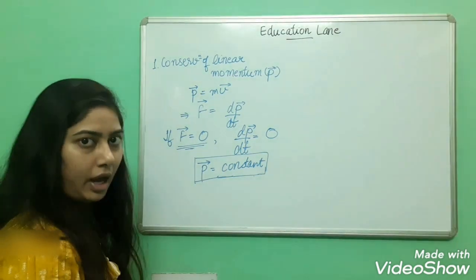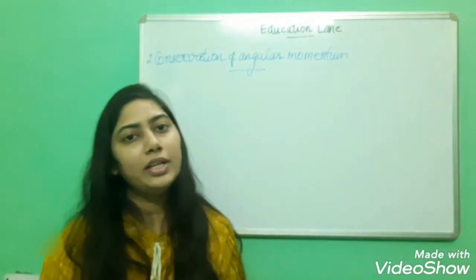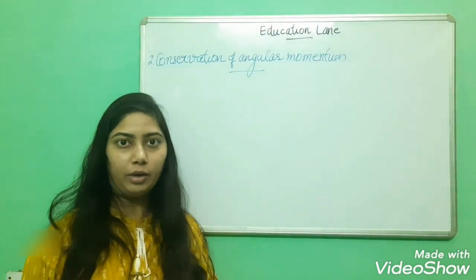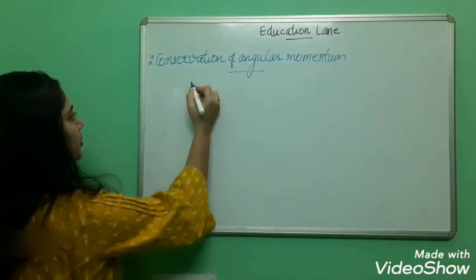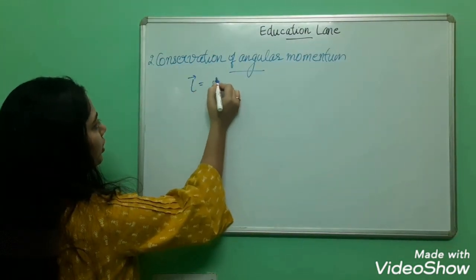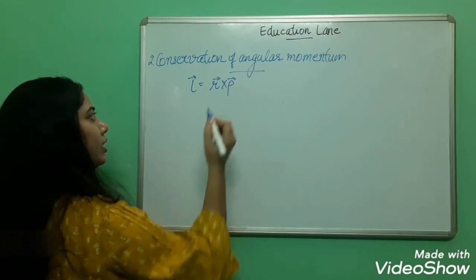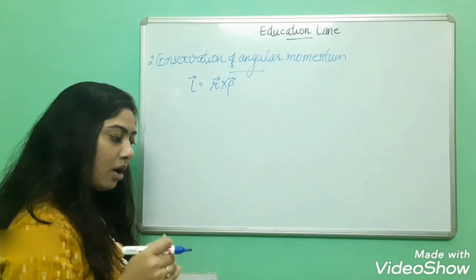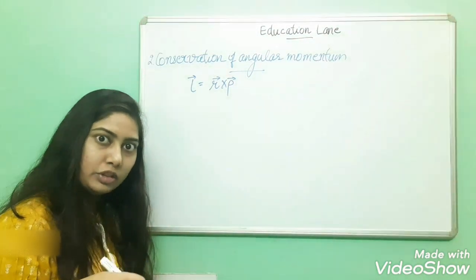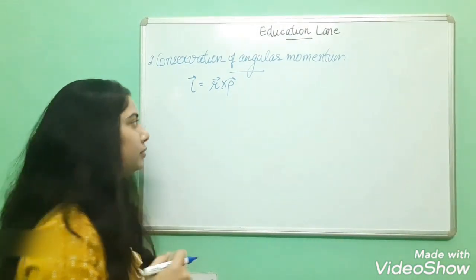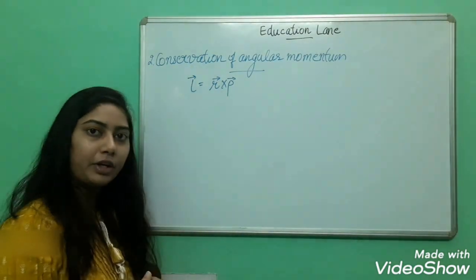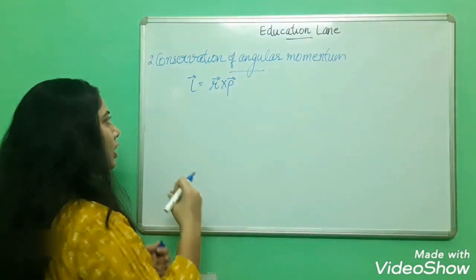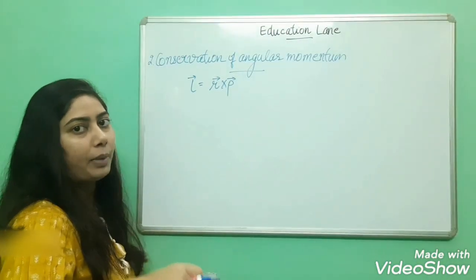Now let's proceed to the conservation of angular momentum. I will tell you the formula for angular momentum first. L is equal to r cross p. I have already told you that angular momentum is the momentum of a particle which is traveling in some circular path. r is the position vector of that particle from the origin or from the center of that path to the point where the particle is.